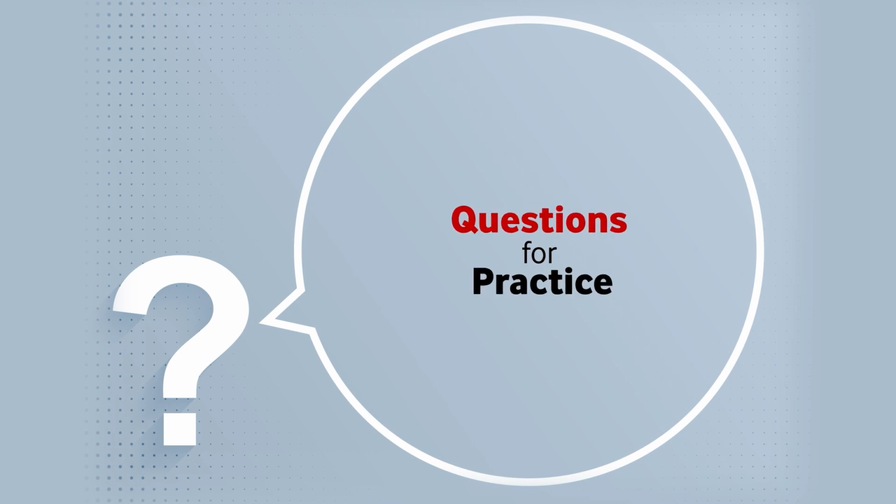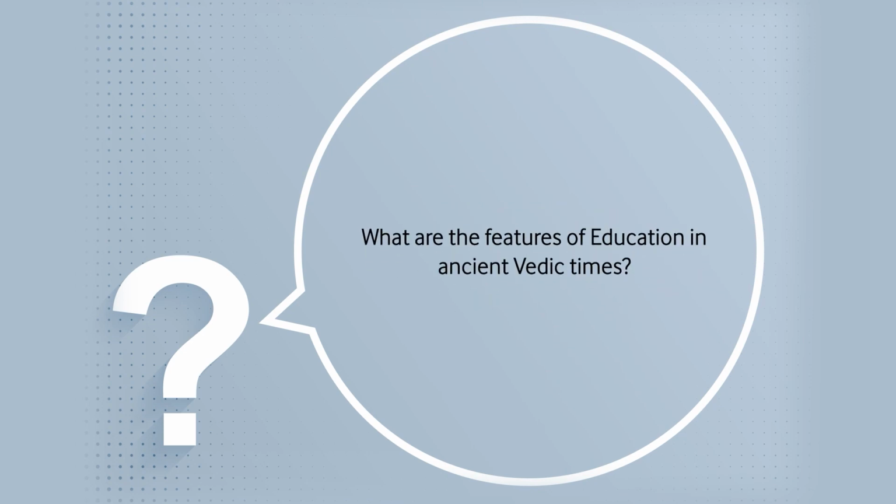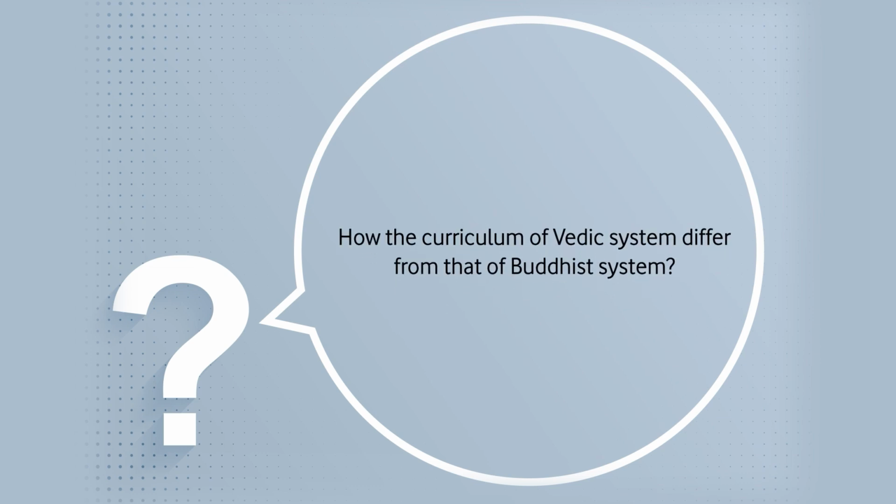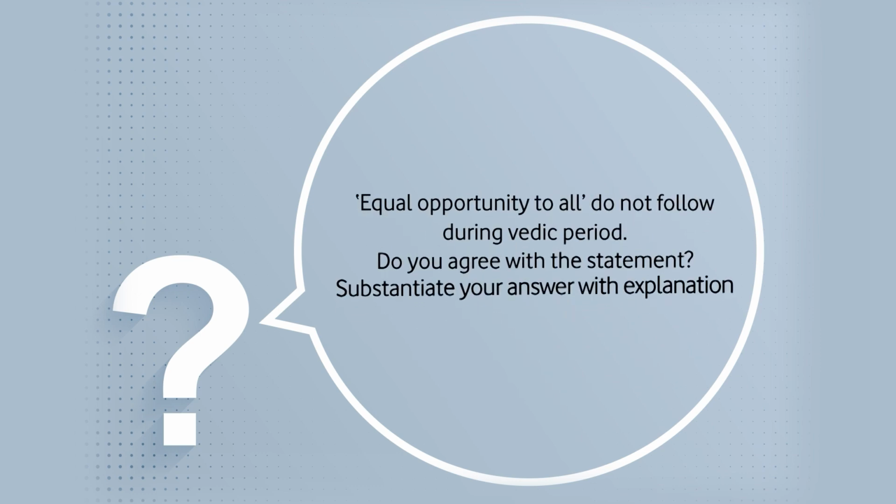And I would like to provide some questions that you can work on to completely understand this lesson. What are the different features of education in ancient Vedic times? How does the curriculum of the Vedic system differ from that of the Buddhist system? Equal opportunity for all was not followed during the Vedic period.